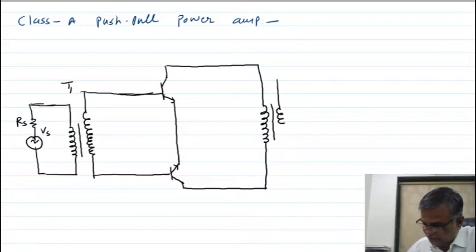This is the output transformer, T2. Here is your load RL.